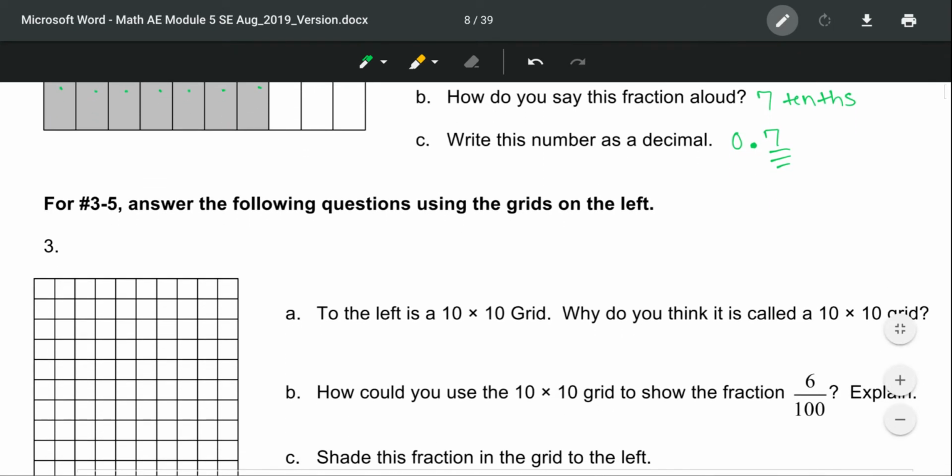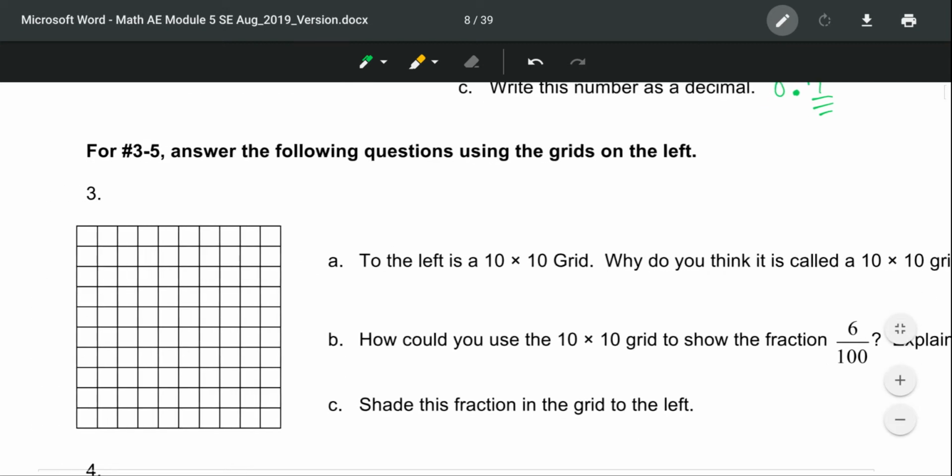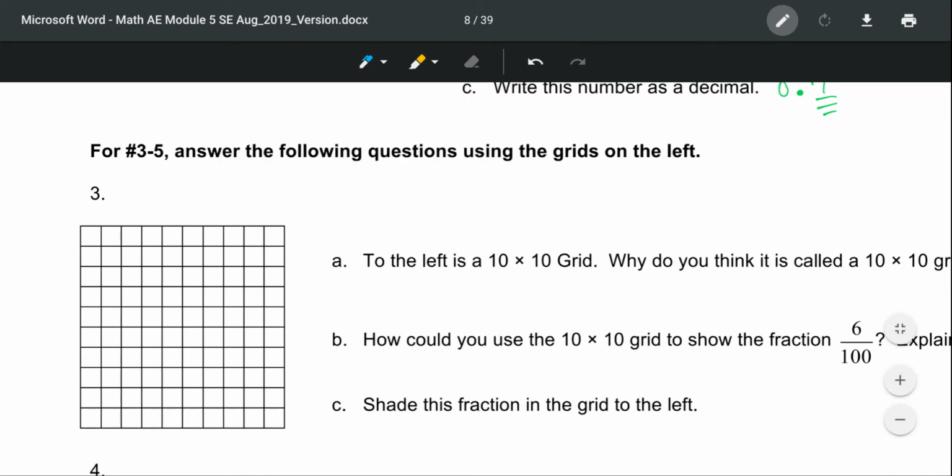Okay, so let's take a look at example number 3. So to the left, there's a 10 by 10 grid. Why do you think it's called a 10 by 10 grid? So if you look at the grid, there are 10 units across, and there are 10 units down. Okay, so going downwards, there's 10 units in each column, and going across, there's 10 units in each row.